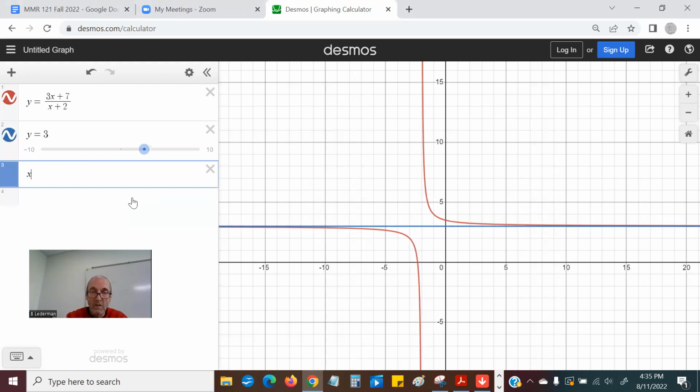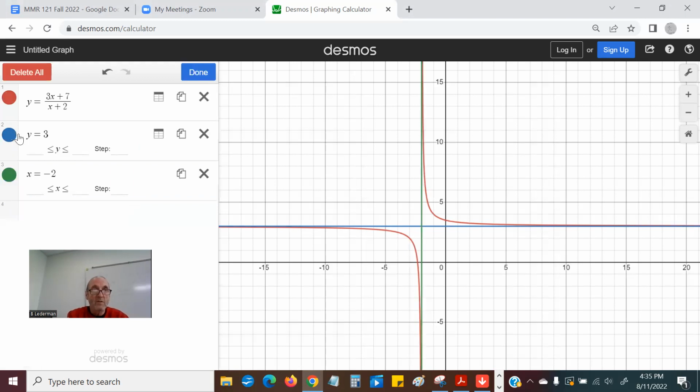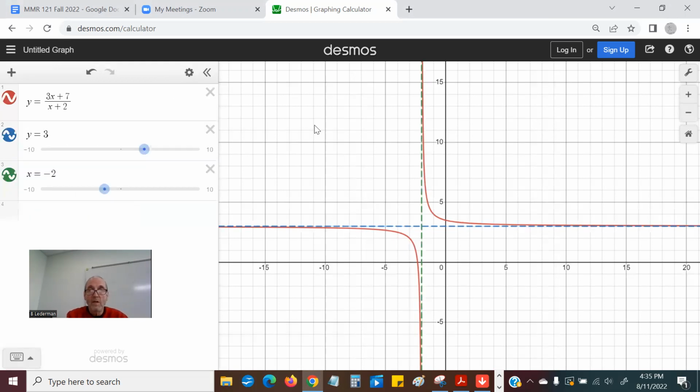And I'm going to make them dotted lines. Okay, the dotted lines that I just put in are asymptotes.